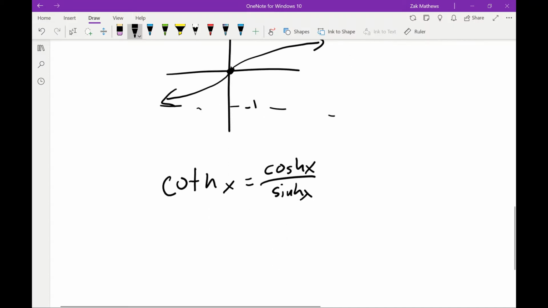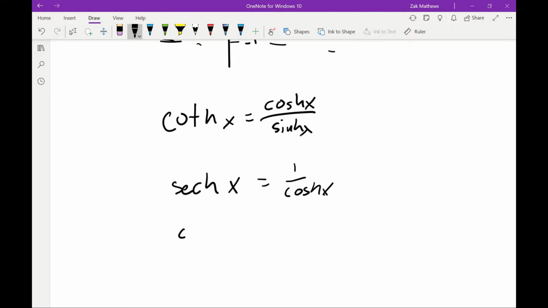The sech function, or the hyperbolic secant, is simply 1 over the hyperbolic cosine, or 1 over the cosh. The cosech function is 1 over the sinh.